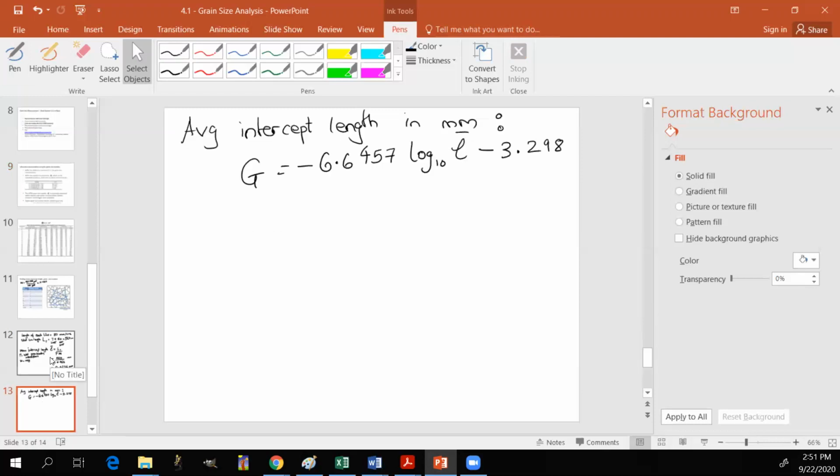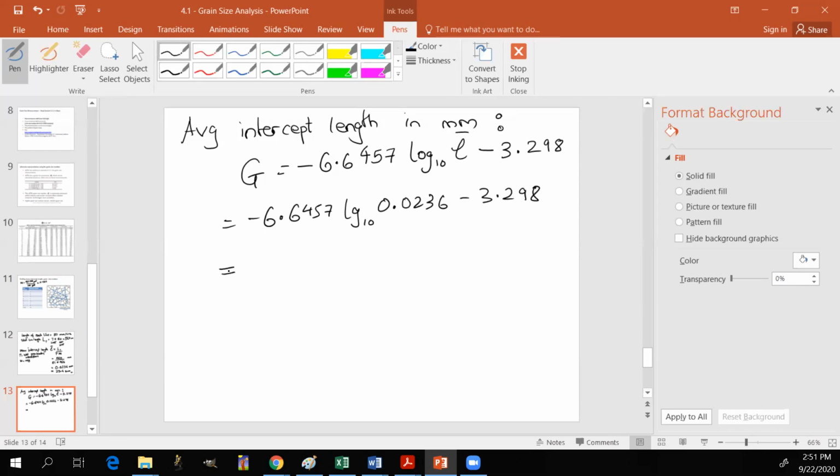All right. So now we just plug that in. 6.6457 log base 10 of, and remember, you're putting this in millimeters, so 0.0236 minus 3.298.